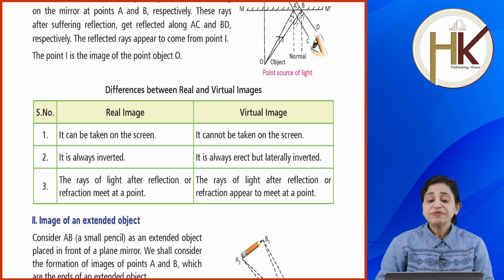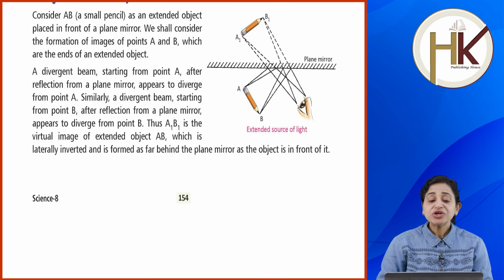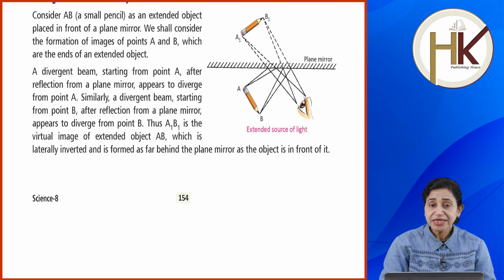Number 2, image of an extended object. Consider AB, a small pencil, as an extended object placed in front of a plane mirror. We shall consider the formation of images of points A and B, which are at the ends of the extended object. A divergent beam starting from point A after reflection from a plane mirror appears to diverge from point A1.